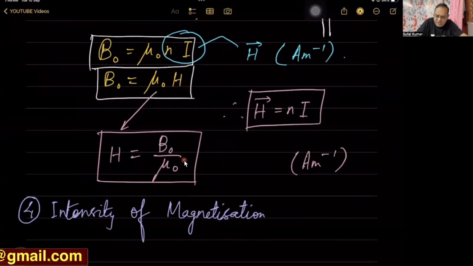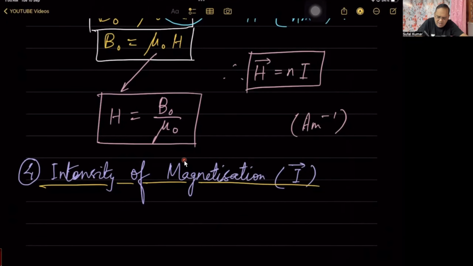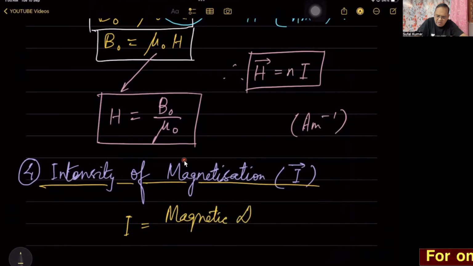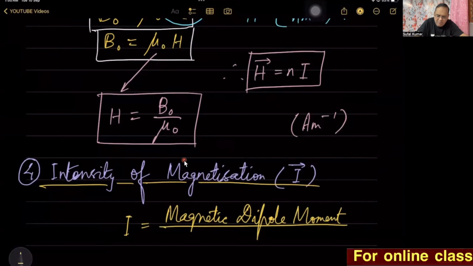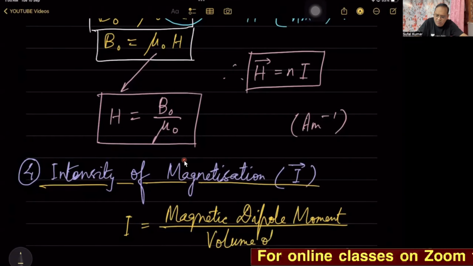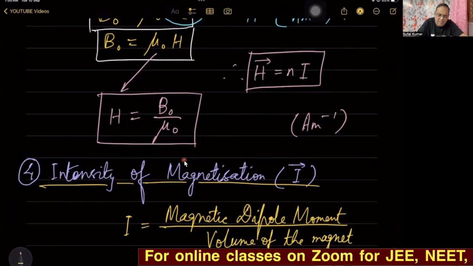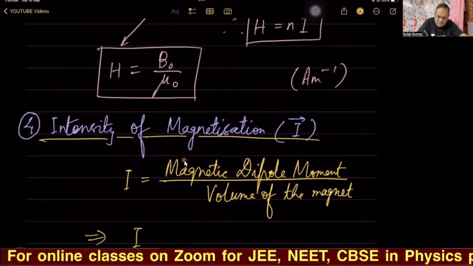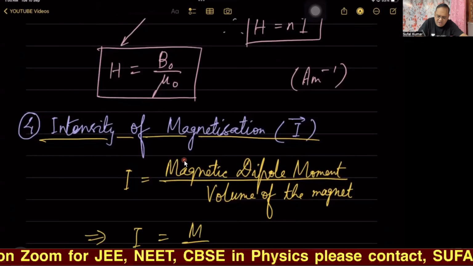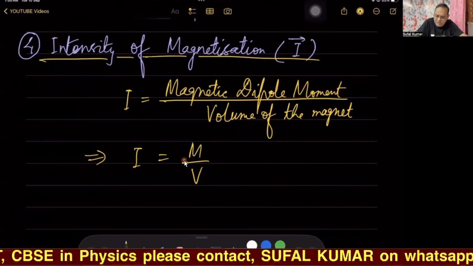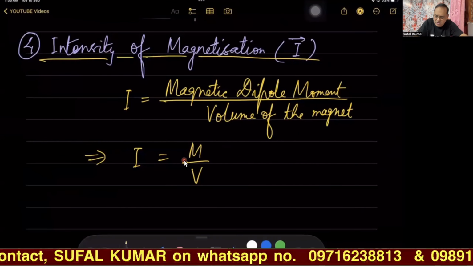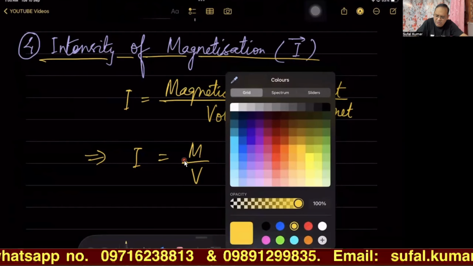Intensity of magnetization, I vector, and I is defined as magnetic dipole moment per unit volume of the magnet. So it implies that I is equal to m by v. In support of this concept, I would like to draw.